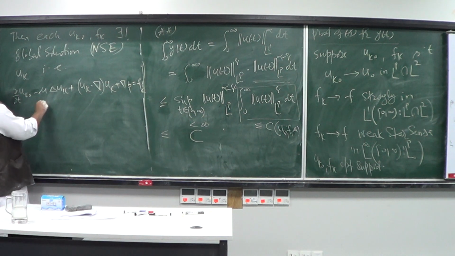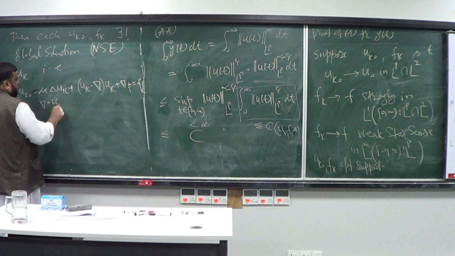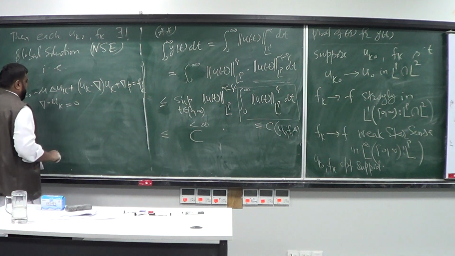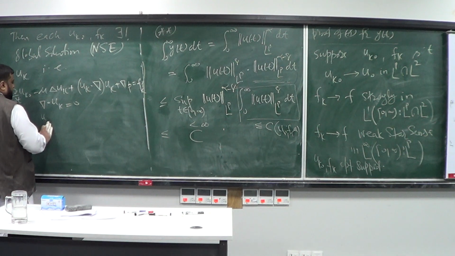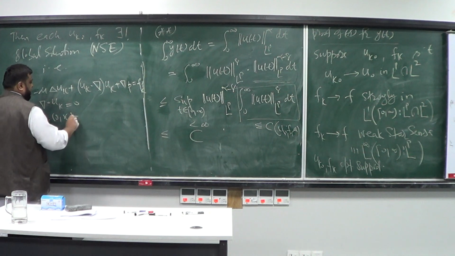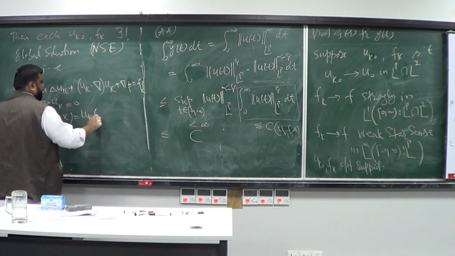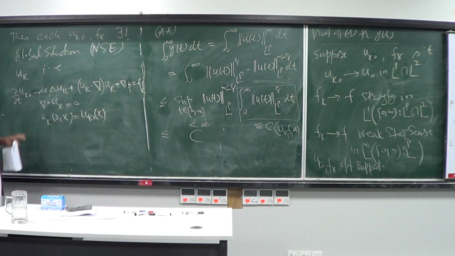And obviously divergence of U_k is 0 and U_k at time 0 is U_k naught of x. So for U_k naught and F_k there exists a unique solution.